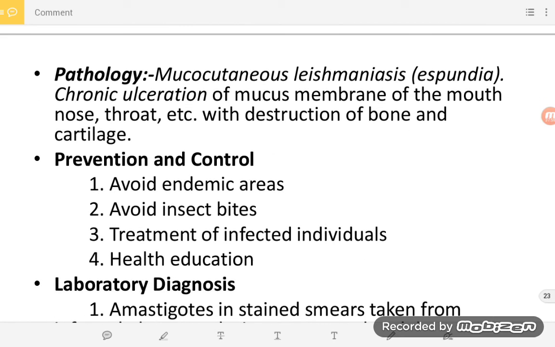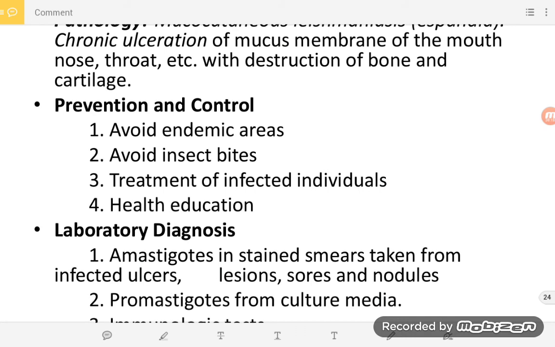Pathology of mucocutaneous leishmaniasis: chronic ulceration of the mucous membrane of the mouth, nose and throat, with destruction of bone and cartilage. Prevention: again avoid the endemic area, avoid insect bites and treat the infected person.